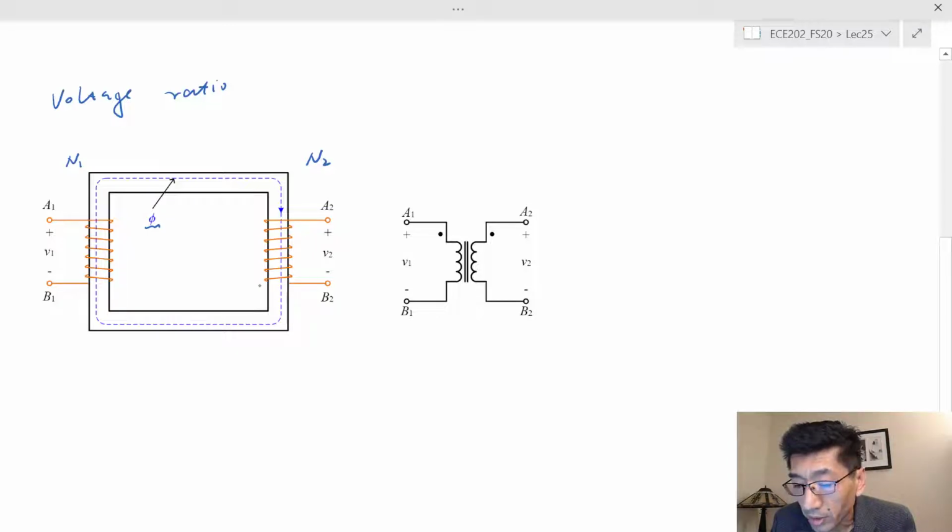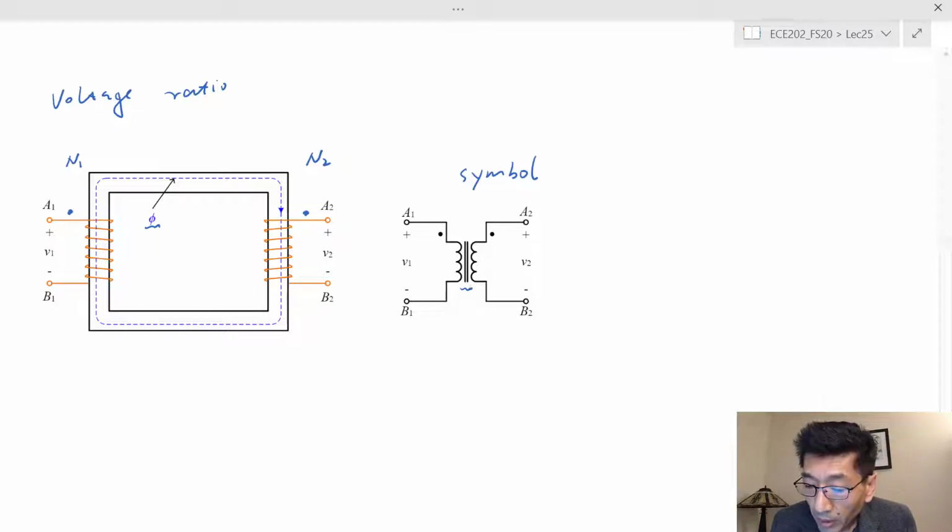If you put a dot on one terminal, you should put a dot on the corresponding terminal of the other winding, because if you have current going into both dotted terminals, the fluxes add together. That's the symbol for the ideal transformer. We normally put two straight lines to indicate it has a magnetic core.